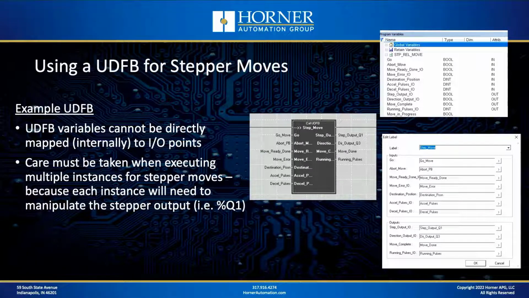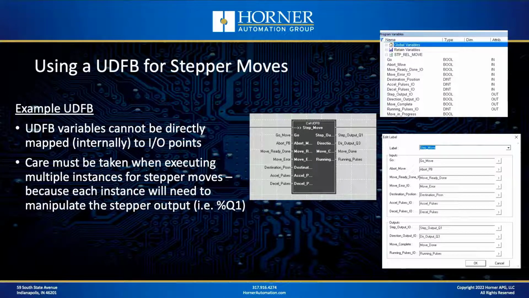So keep that in mind. Also, keep in mind that you have to exercise care with UDFBs if you have multiple instances of the same UDFB that might be manipulating the same output bit. In other words, there's only one Q1 output for stepper 1, right?